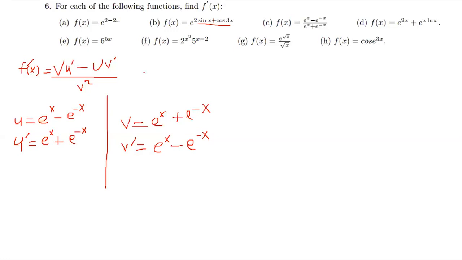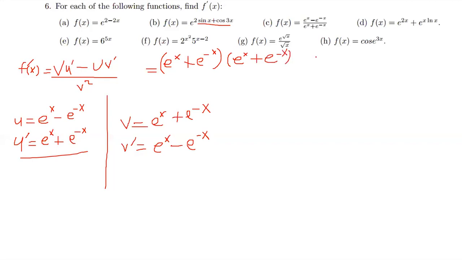So here is just a matter of plugging them in the formula. So we write our v there. Our v is e^x plus e to the power negative x. You put them in brackets, and then you write your u prime. We're following this equation. So my u prime there is e to the power x plus e to the power negative x.